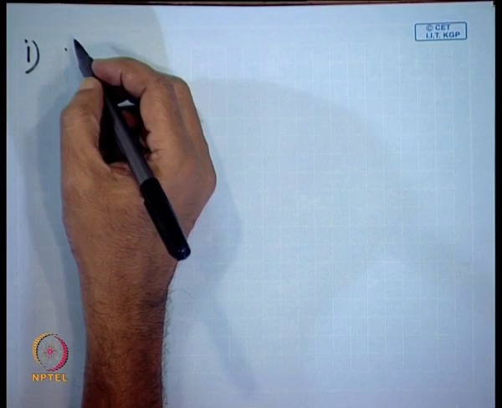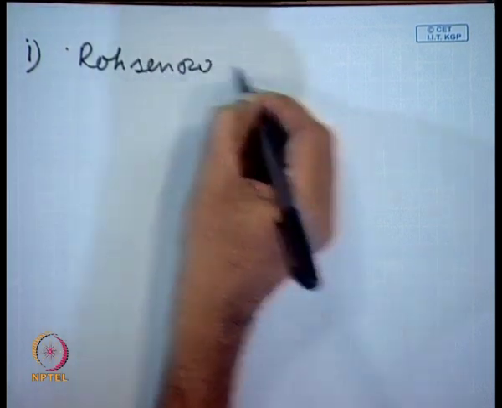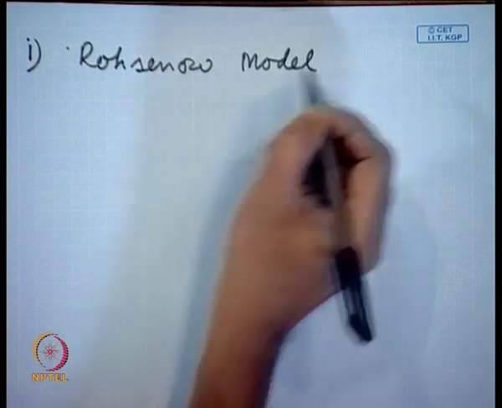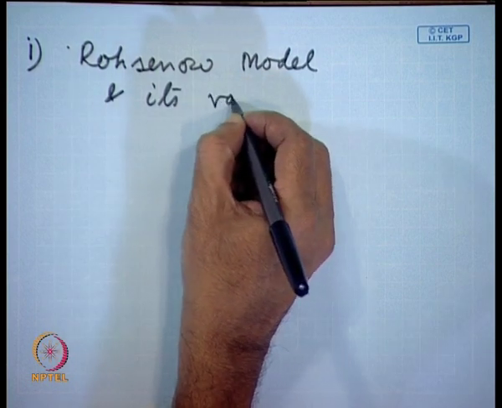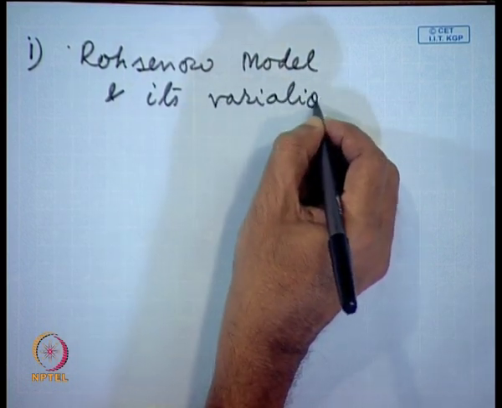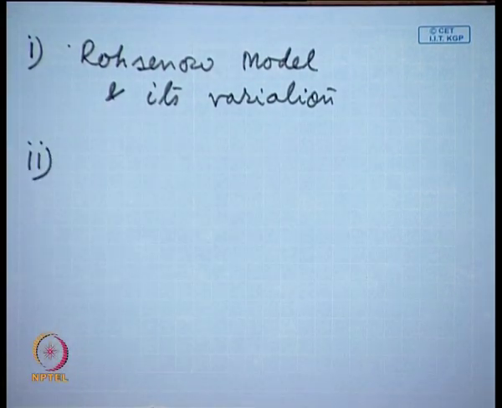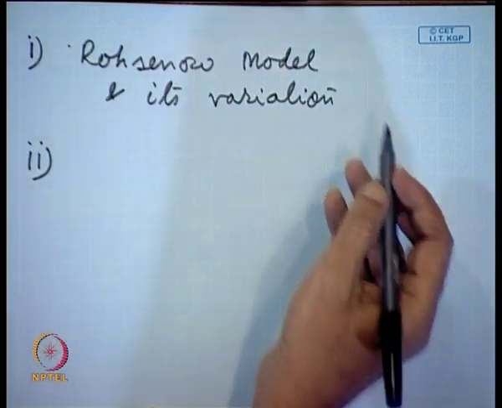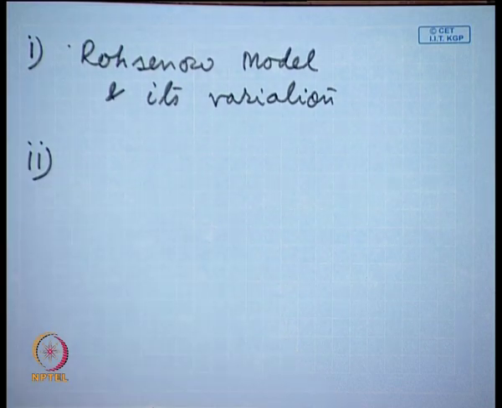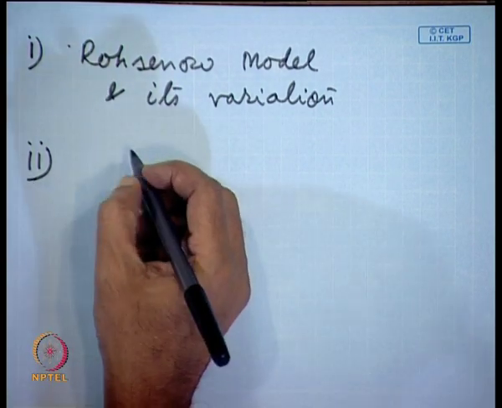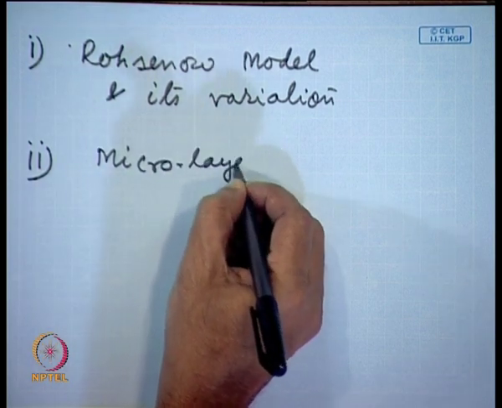To start with, I can recommend the Rohsenow model, and its variations; there are certain variations of this model. The second type of model which also shows very good predictability is your micro layer evaporation model.